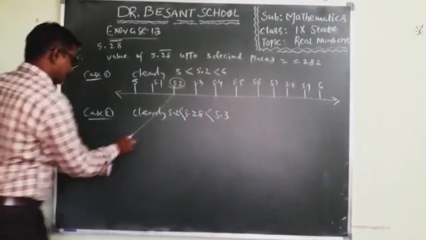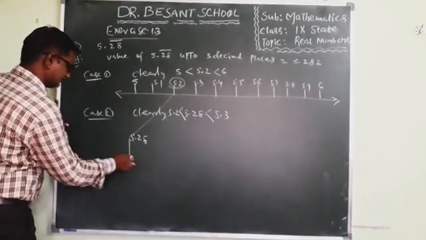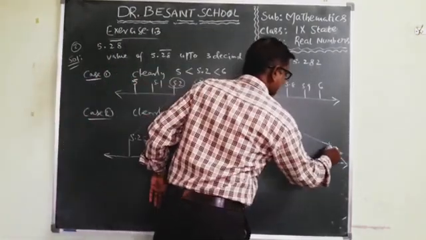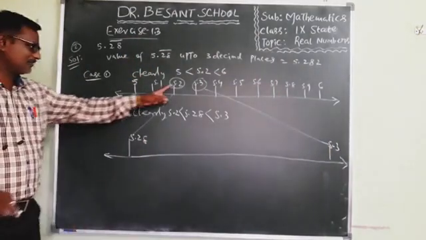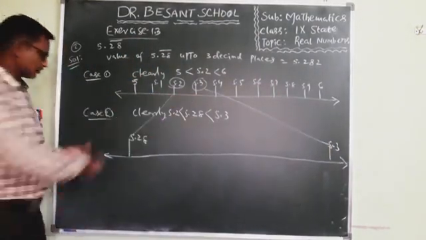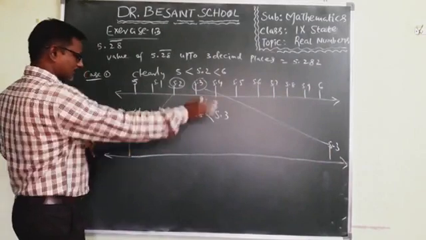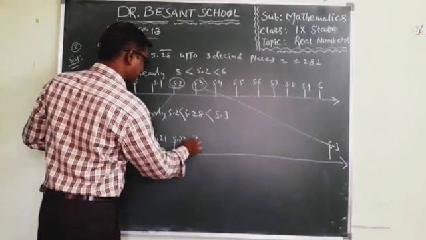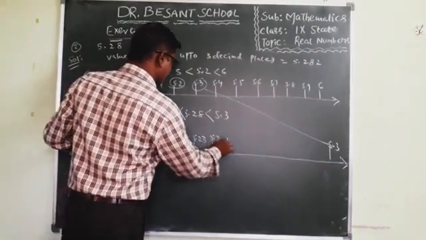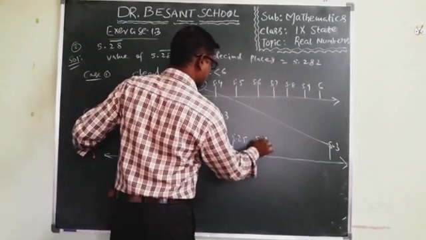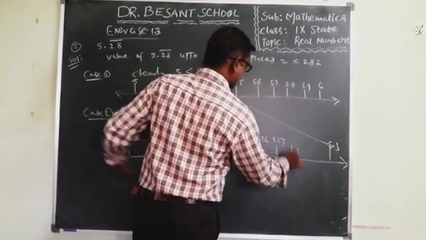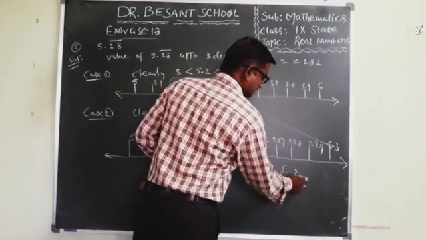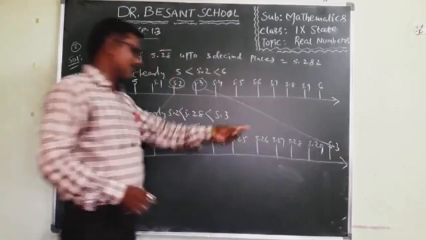So round off this one like this, this is 5.2, and round off this one, this is 5.3. So between 5.2 and 5.3 we will get 5.28. 5.2 after what? 5.21, 5.22, 5.23, 5.24, 5.25, 5.26, 5.27, 5.28, 5.29, and after 5.29 comes 5.30, which means 5.3.